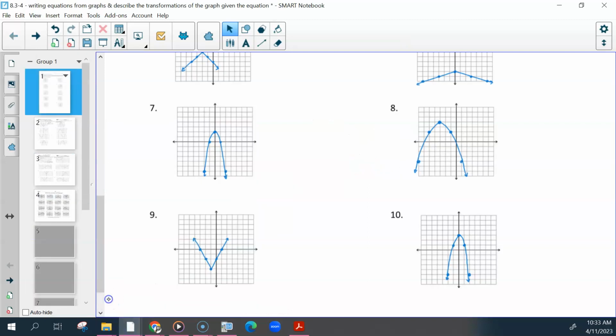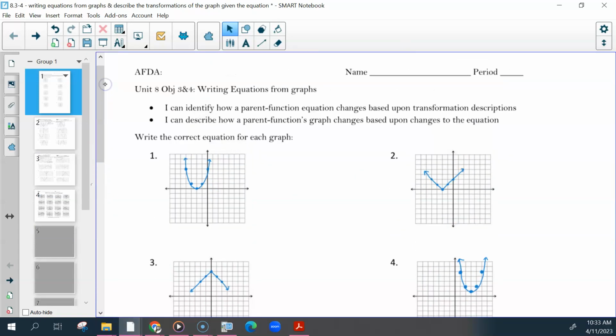So everyone should have these graphs, this paper in front of them. We're going to be looking at these graphs to see what transformations happen compared to the original, the parent function, and use those transformations to write the equation. So before, we were kind of given that.